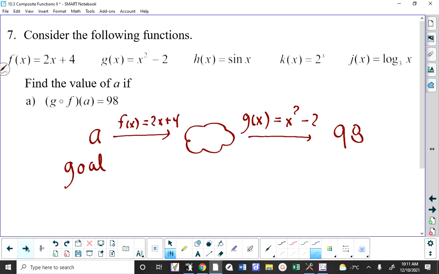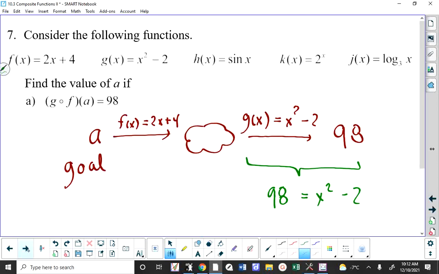That's what comes out. And we're asked to work backwards and figure out what had to go in to begin with to produce that 98. Well, when you look at the 98 coming out of g of x equals x squared minus 2, what this is telling us is 98 equals x squared minus 2. It's what comes out. And we can figure out from that what must have gone in.